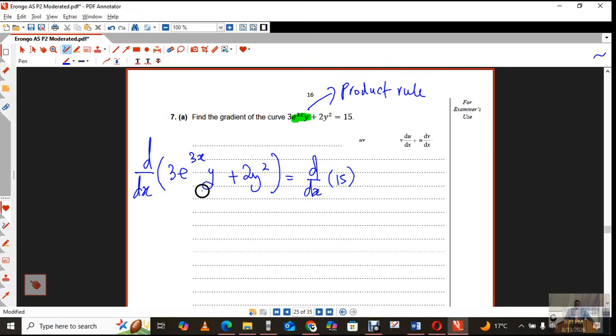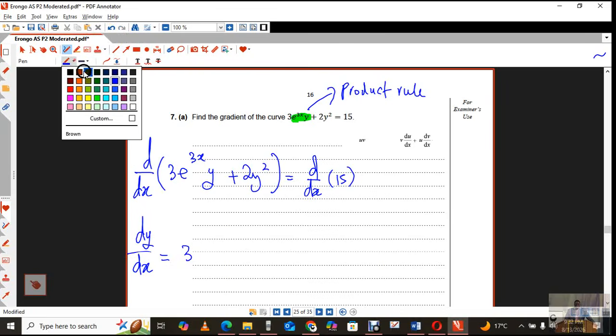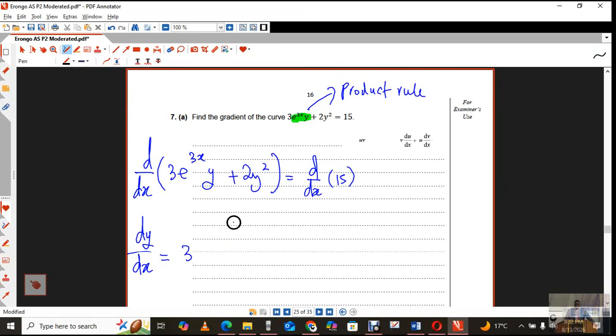So, product rule, keep the first, and then differentiate the second.